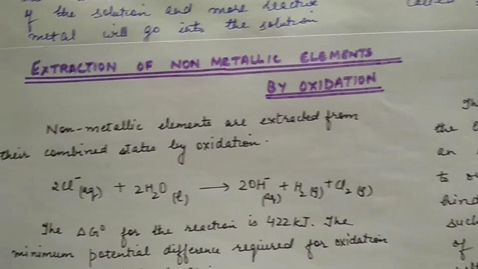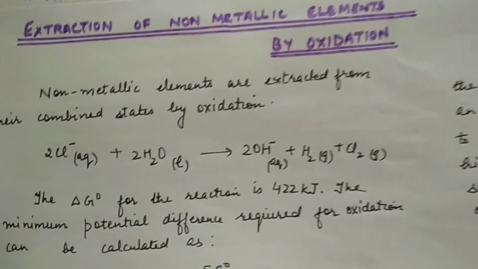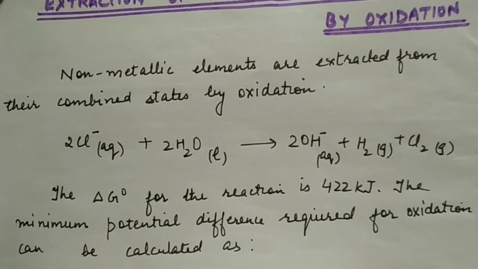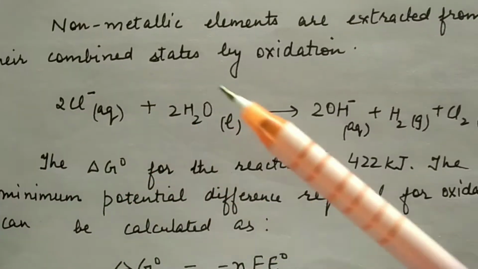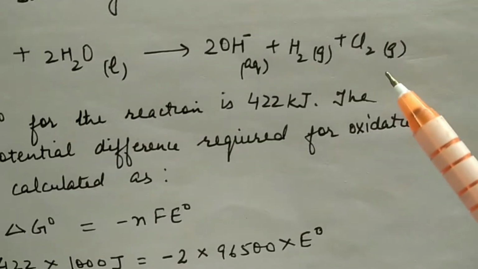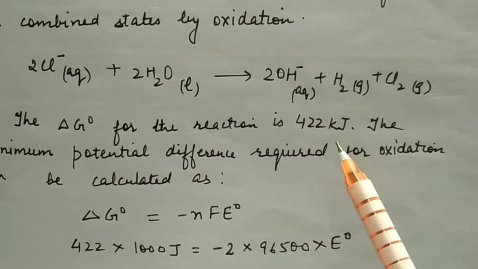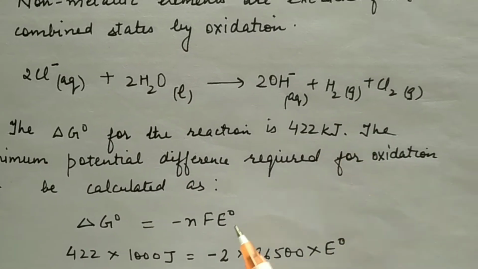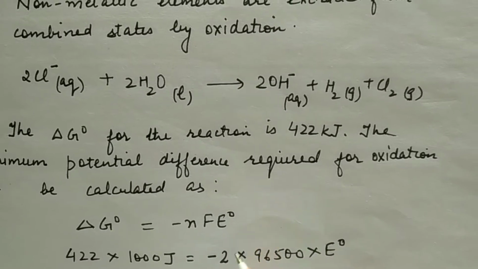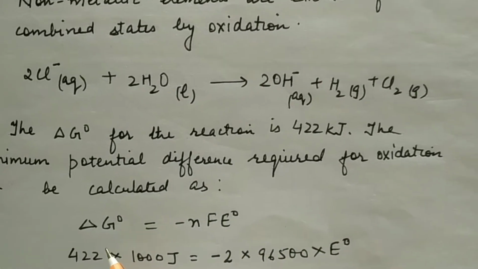Extraction of non-metallic elements is done by oxidation. So for example, chloride ion will be oxidized to form chlorine gas. The free energy change for this reaction is 422 kilojoules. So we can calculate the required potential difference from this equation.